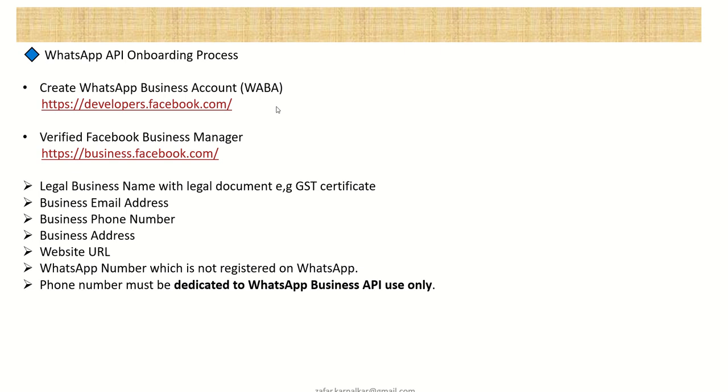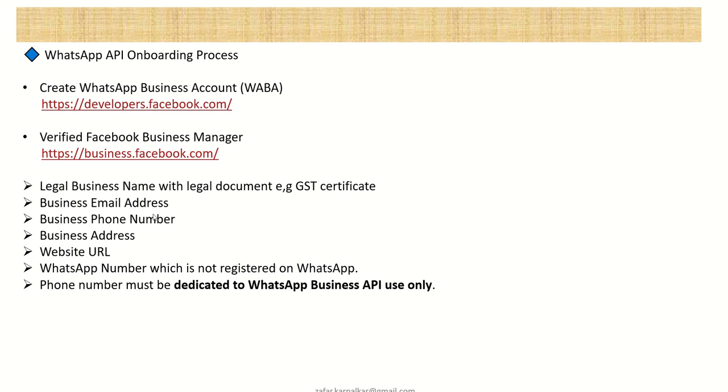Those are compulsory. And to use the WhatsApp business API officially and legally for your business, we must have a legal business name with the document. For example, if you have a GST certificate, it is sufficient.